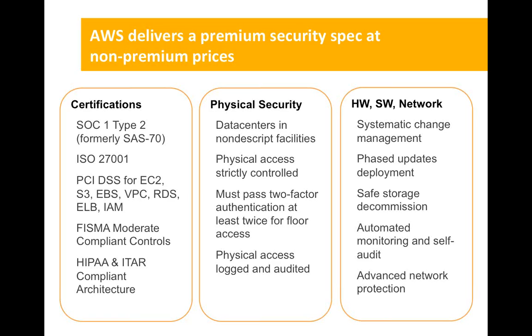And we have certifications, including the ones listed here, and we manage physical security, hardware, software, and network security as well. So all of that stuff is included in your service. You don't pay extra for that. So you get the benefit of security of a massive infrastructure company like Amazon for the low cost of running your instances.